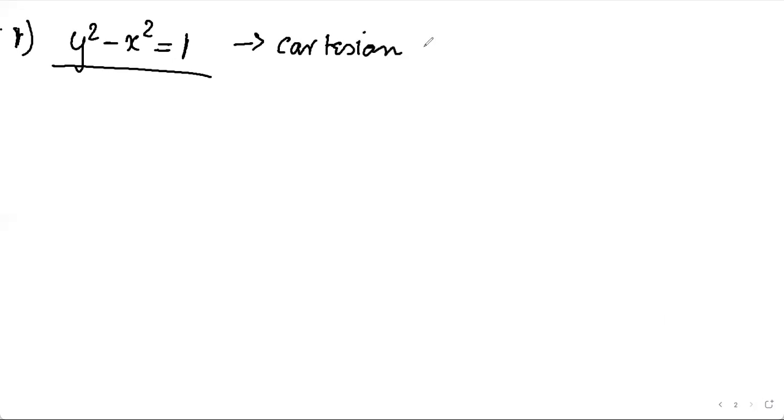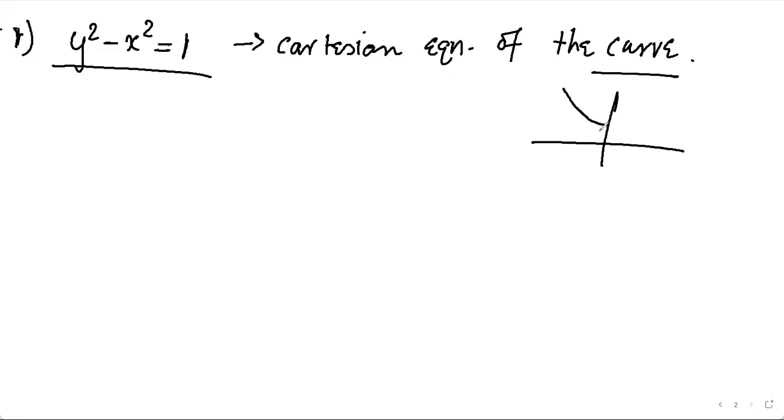So for example, we have been given a curve y square minus x square equals 1. This is the Cartesian equation of the curve, which is a specific case of the hyperbola.